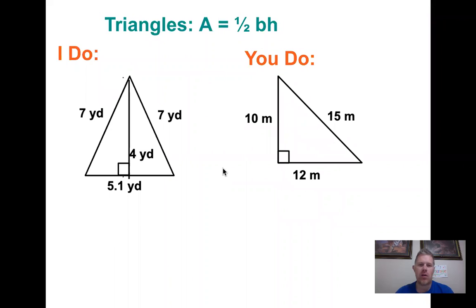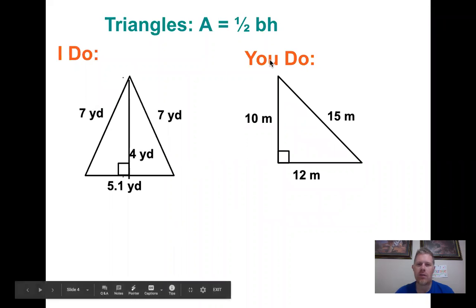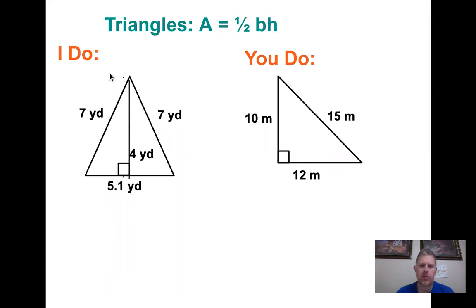All right, let's do this one. So we have our area equals 1/2 base times height. All right, so this is triangles. And we have area equal 1/2 times base, which is 5.1.